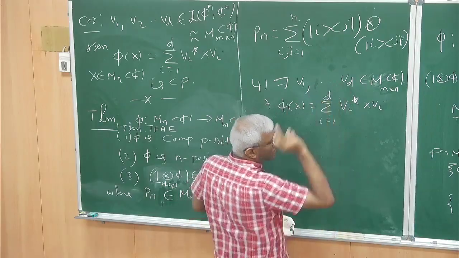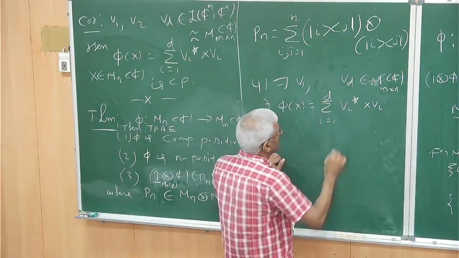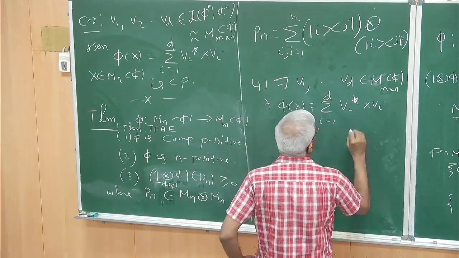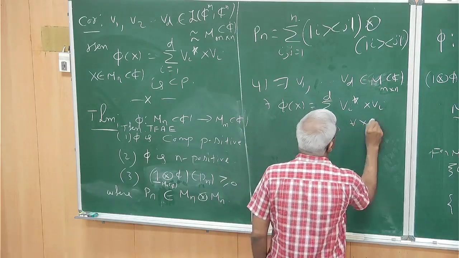Maybe R, d is used for something else. I hope there is no confusion. If you want, we can change it. For the time being, let it be d, for all X in M_n(C).